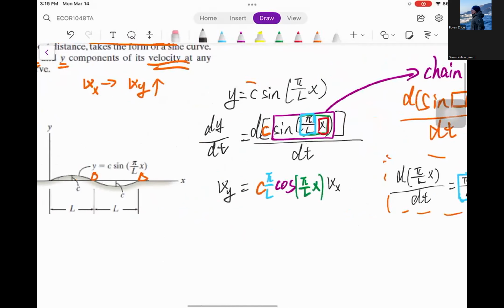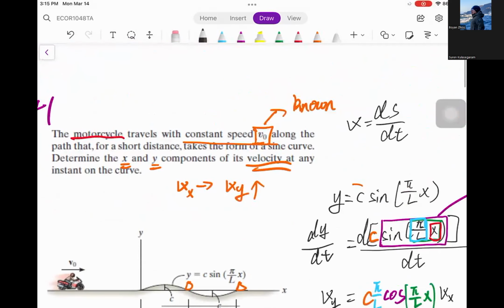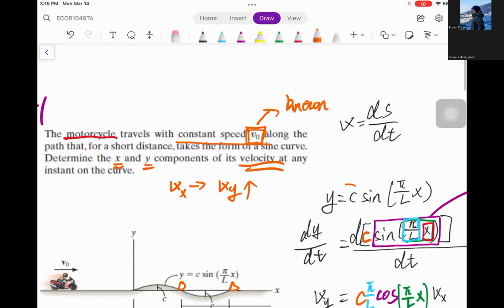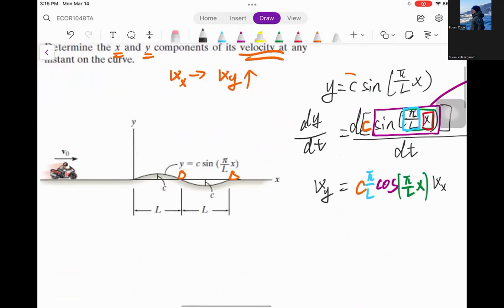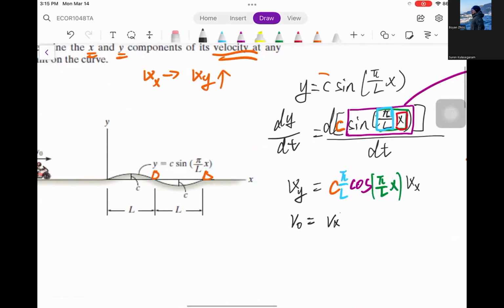We have this one, and also, remember from here, we know the motorcycle is traveling with a constant velocity v naught, and v naught is a known condition. So the second equation we're going to have is v naught equal to the square root of vx squared plus vy squared.